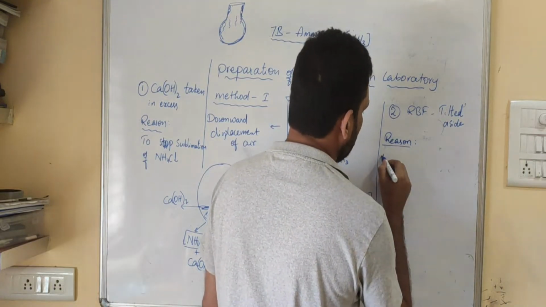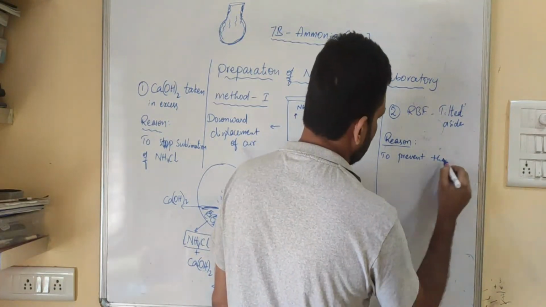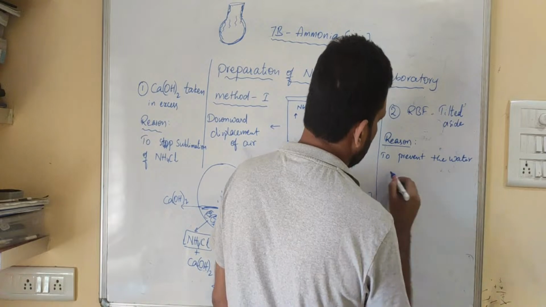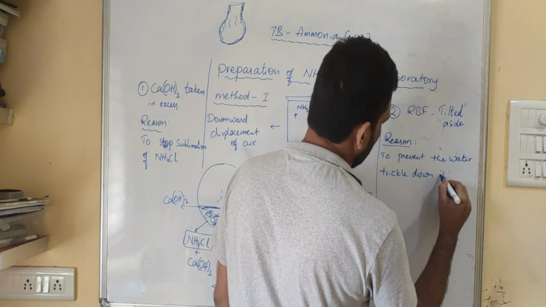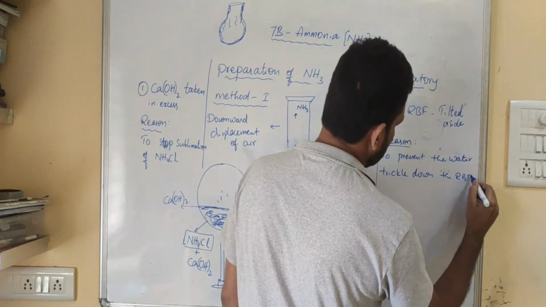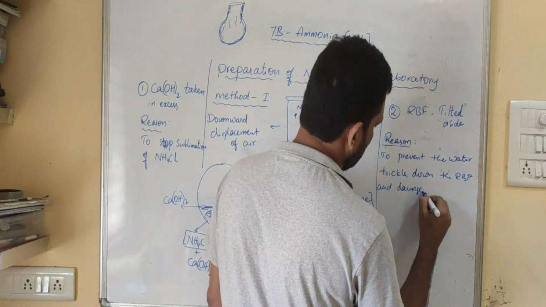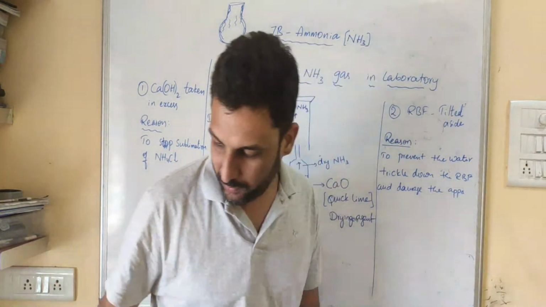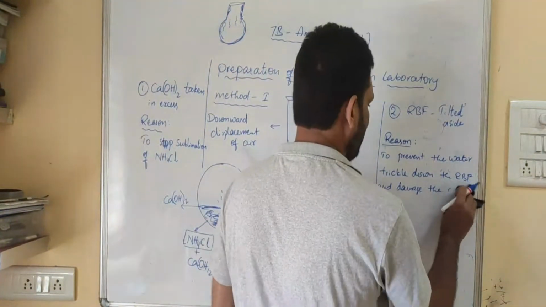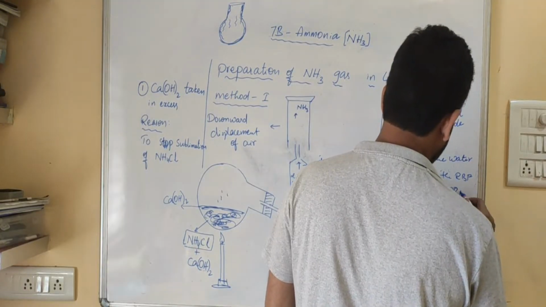Simply we write: to prevent the water from trickling down the round bottom flask and damaging the apparatus. Apparatus is nothing but the round bottom flask. So just protect the round bottom flask from the water.